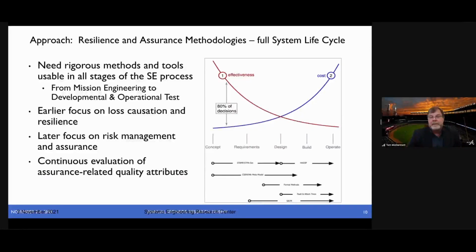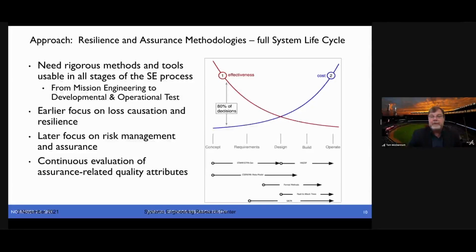And so in this slide, there's a bunch of acronyms at the bottom that aren't necessarily explained, but there are standard processes, some of which are really useful at the as-designed life cycle, like hazard analysis and formal methods. And some of them are much more useful at the beginning of the life cycle, like STPA-SEC, the System Theoretic Process Assessment, which is actually looking more at large-scale systemic loops in that place.